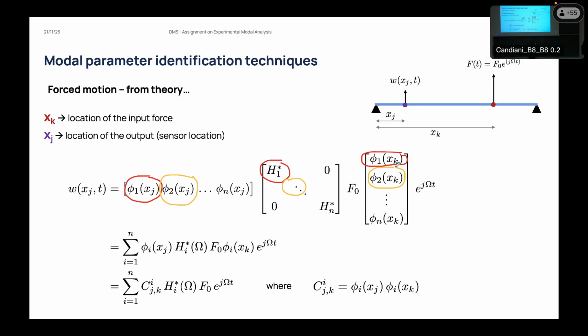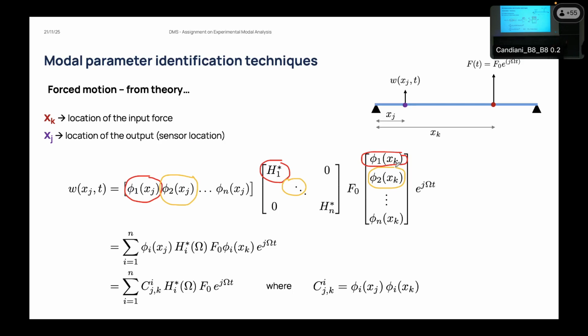The point is that if you introduce the so-called Cij coefficient, that is a coefficient that you have for each mode, that's the reason why you have i as apex, and then that is dependent on the location of the output and the input.